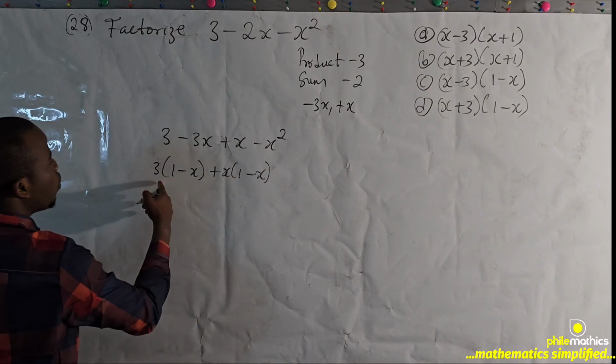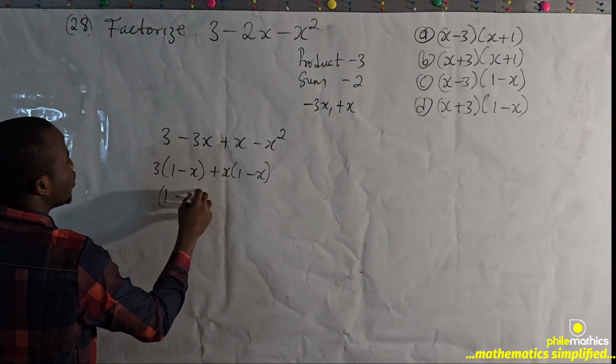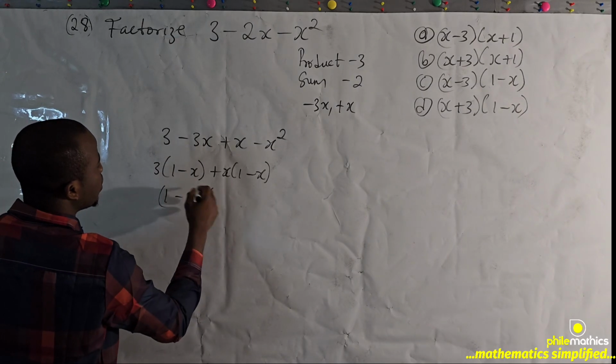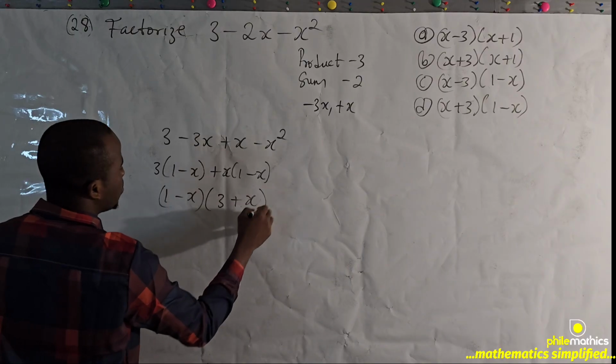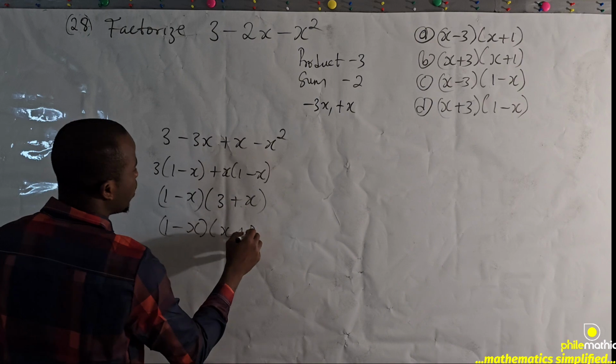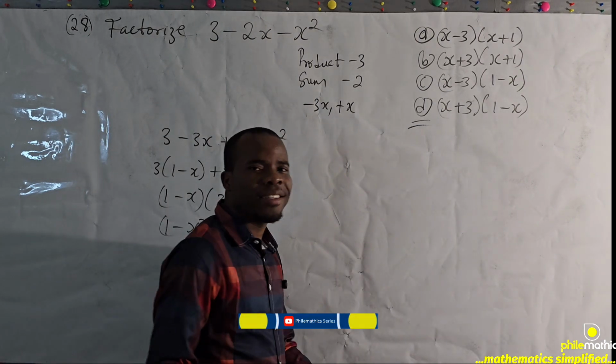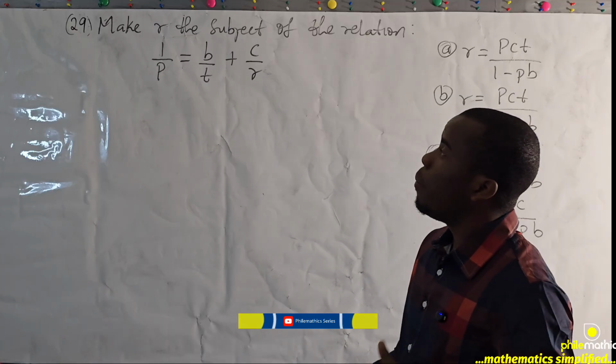And so if we factorize 1 minus x out, you are left with 3 plus x. Of course, 3 plus x can be written as x plus 3.